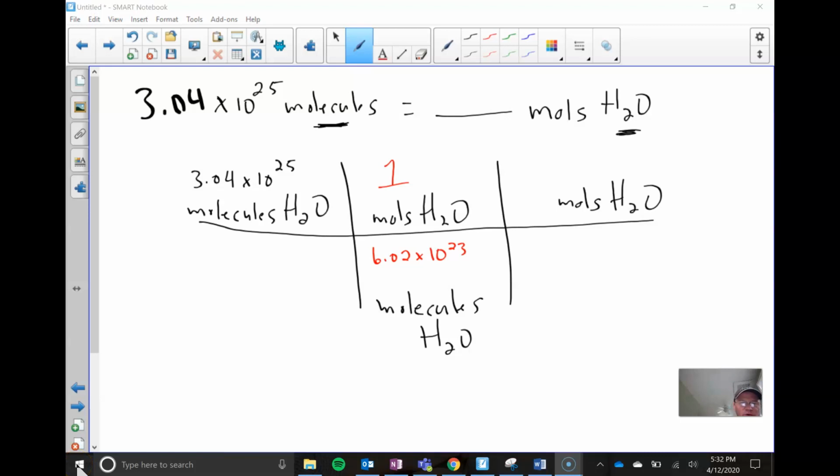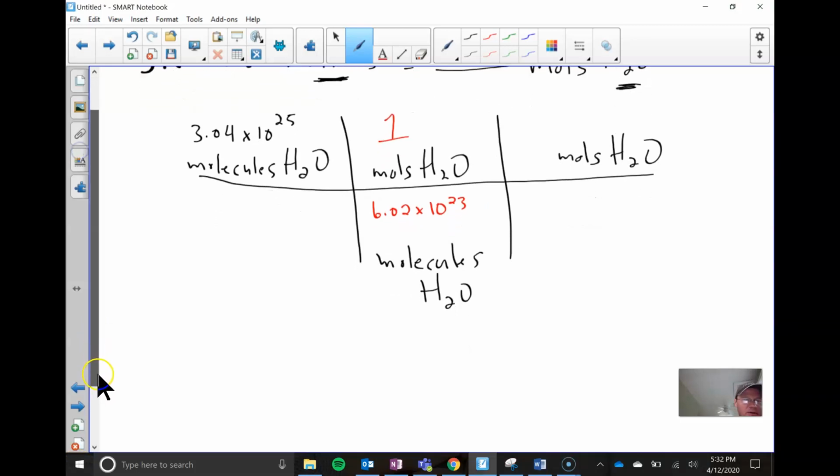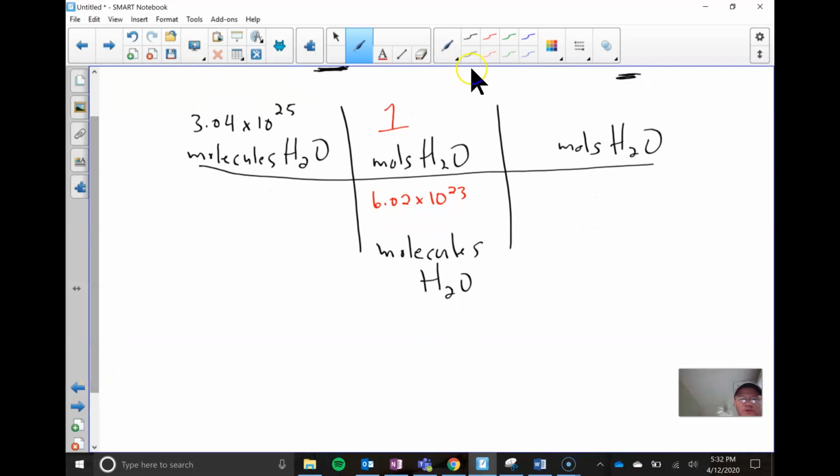All right, so now when we're keying this one in the calculator, before we do that, we've got molecules H2O there, molecules H2O there. They cancel. So now we're in the unit that we're trying to get to, moles of water. So when we key this one in the calculator, it's going to look like this.